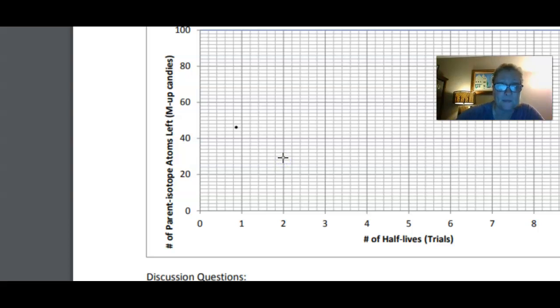Then half-life number 3, I got around 12. And then half-life number 4, I got around, I don't know, let's just say 8. Down here. And I'm graphing all of mine. I'm going to connect them with a black line. So that's what it says to do in the directions.